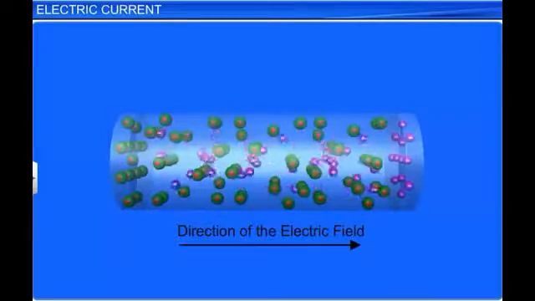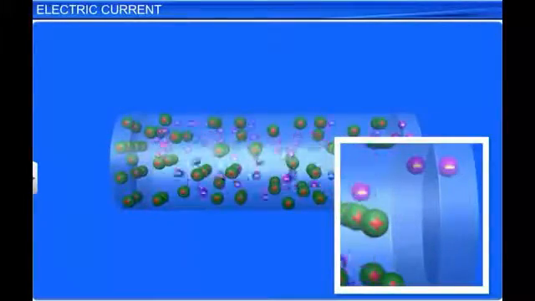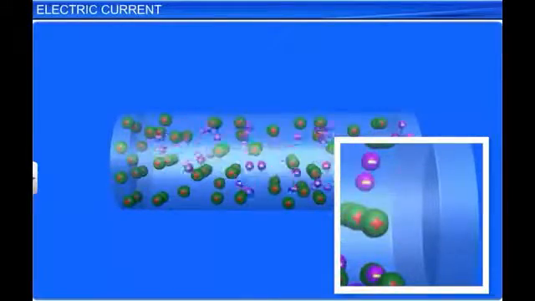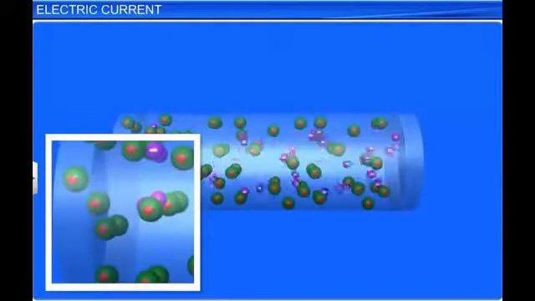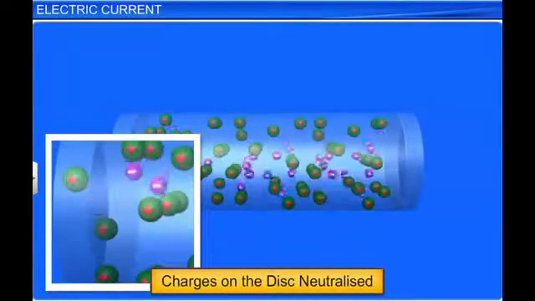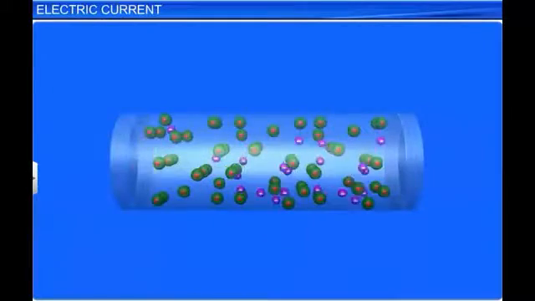The electrons are accelerated and move towards the positive charge. On reaching the positive charge, they neutralize the charges on the disk. The unidirectional motion of these electrons constitutes an electric current.